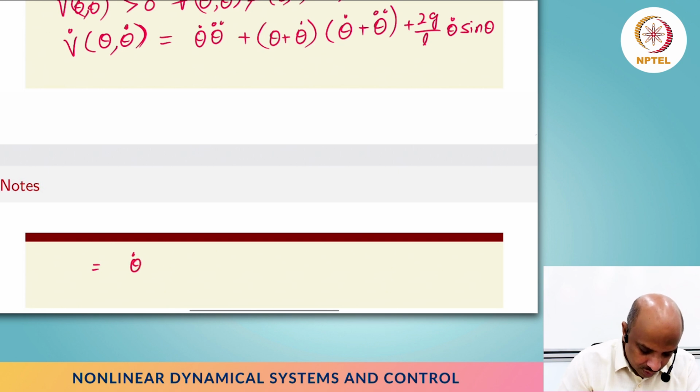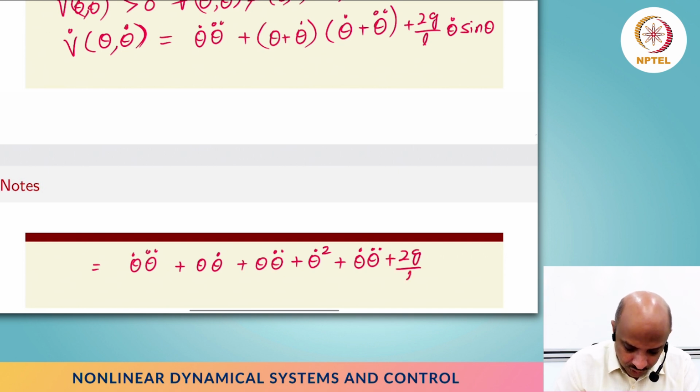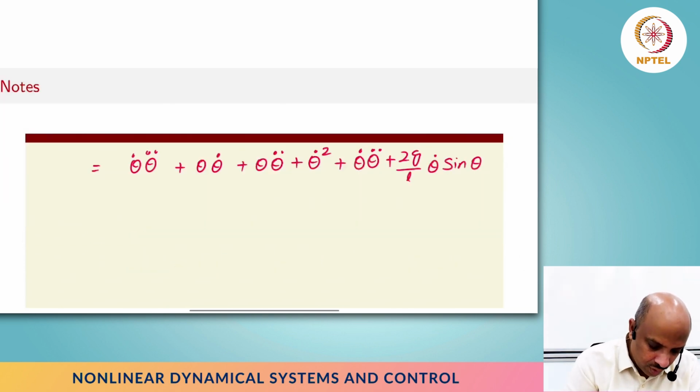So we'll get theta double dot plus theta dot plus theta double dot and plus theta dot whole square plus theta dot theta double dot plus this 2g over L theta dot sine theta.